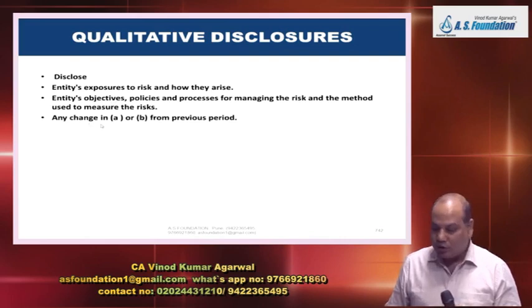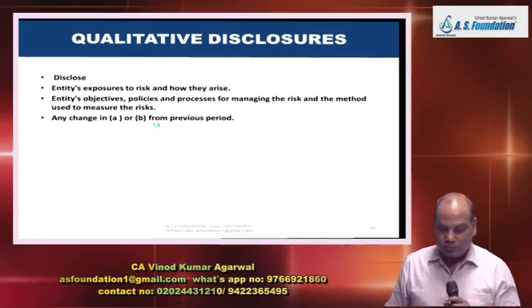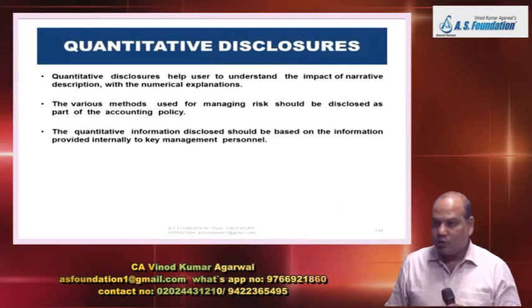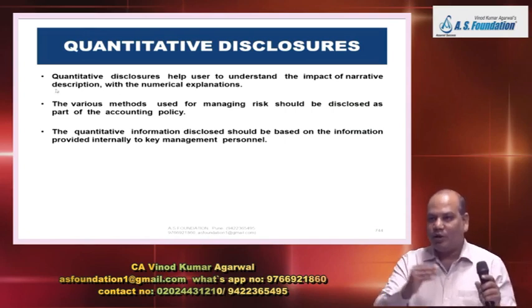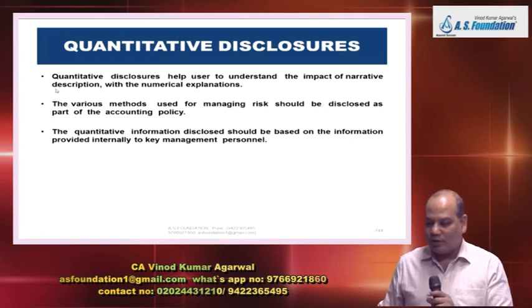If during the year there is any change in this, A or B, then that will be disclosed. And what about quantitative disclosure? Quantitative disclosure means numerical information so that the user can understand the impact of narrative description. So qualitative will be converted into quantitative.